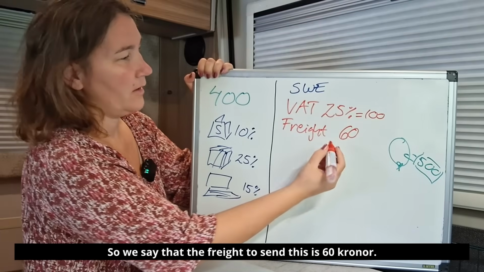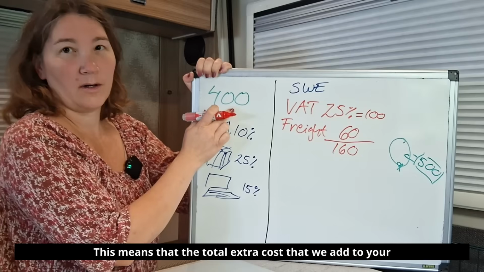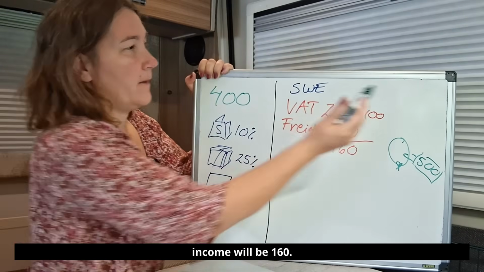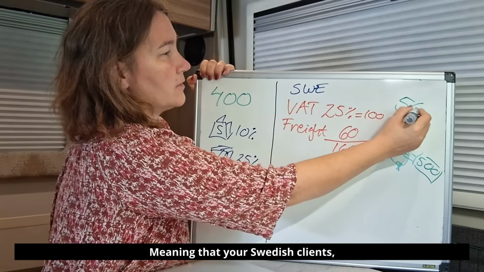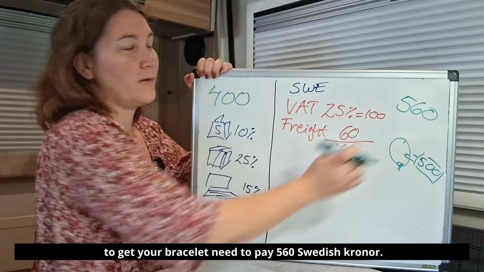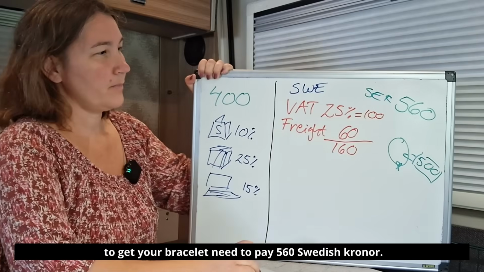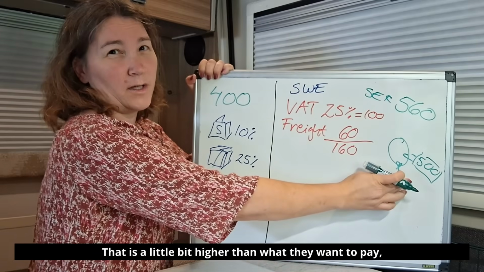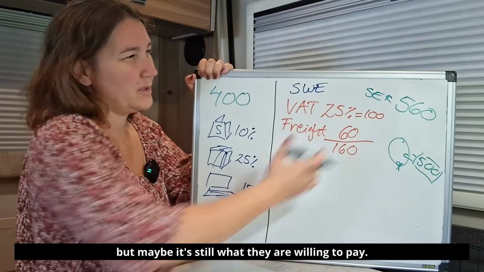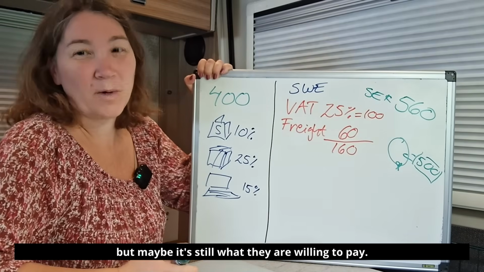This means that the total extra cost that we add to your income will be 160, meaning that your Swedish clients, to get your bracelet, need to pay 560 Swedish kronor. That is a little bit higher than we see that they want to pay, but maybe it's still in what they are willing to pay.